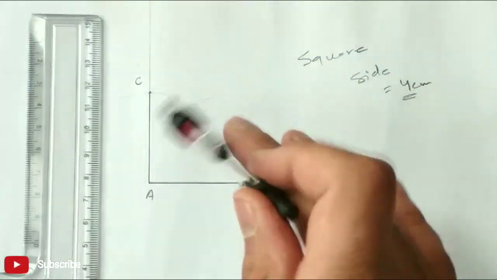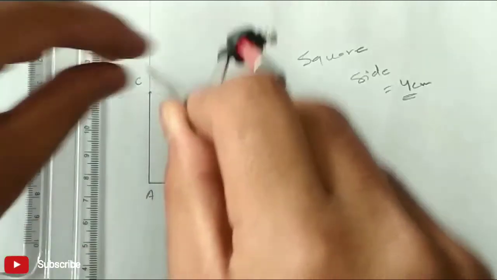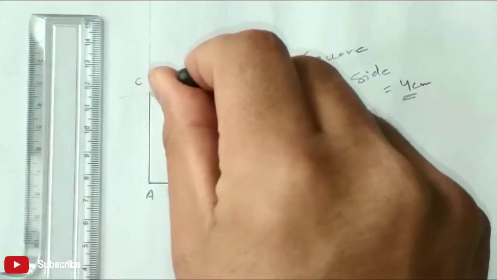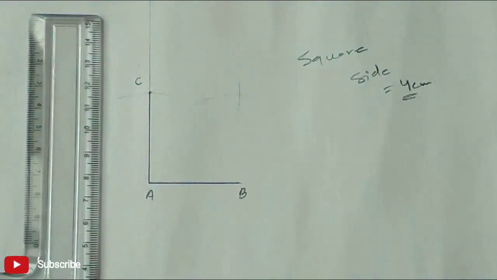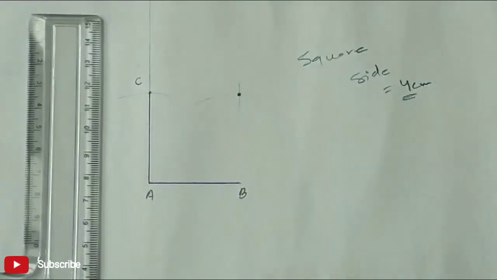Here it is. Then I will switch to point C and draw another arc which will intersect my first arc at a certain point. But remember guys, these arcs should always be dim.